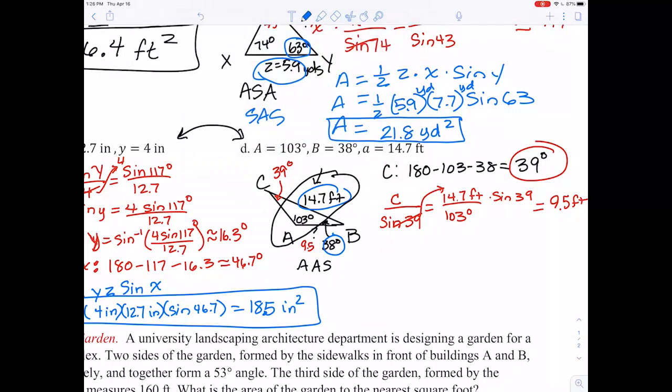And so now we do have side, angle, side, and we can find the area.